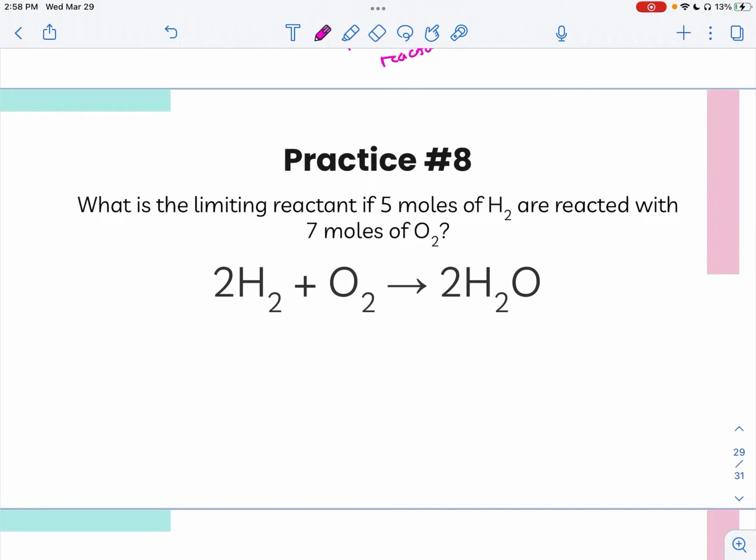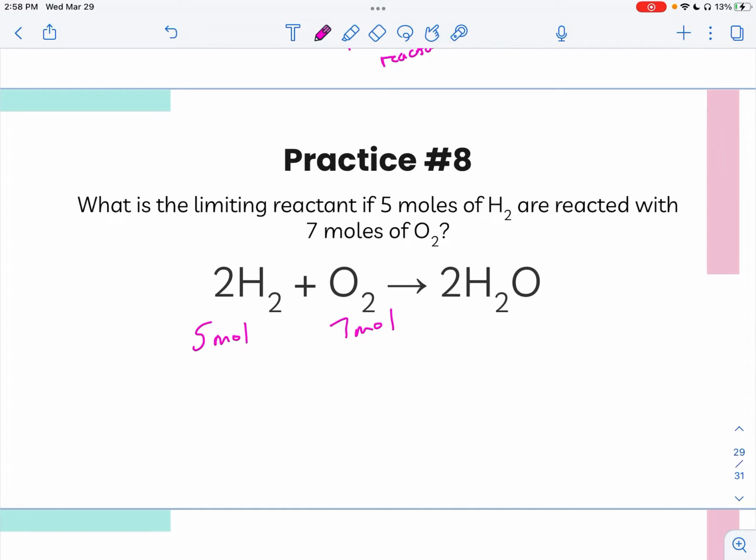For question number 8, we're given 5 moles of hydrogen and 7 moles of oxygen. So we can think about this one conceptually. For hydrogen, if I have to have 2 for every reaction, I'm only given 5.